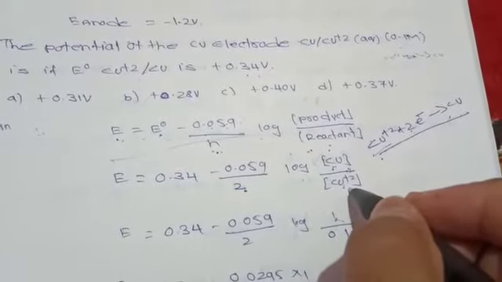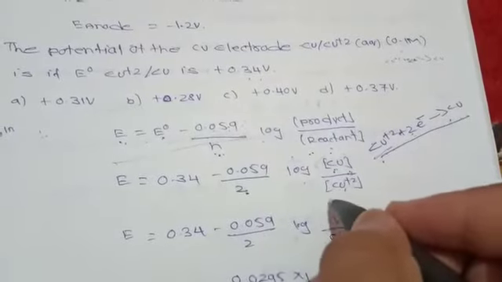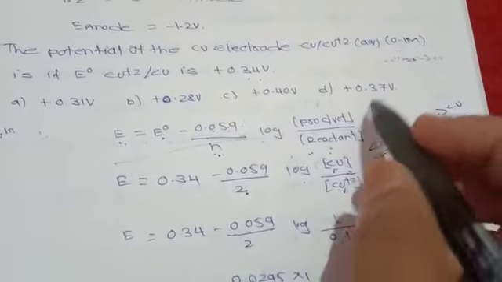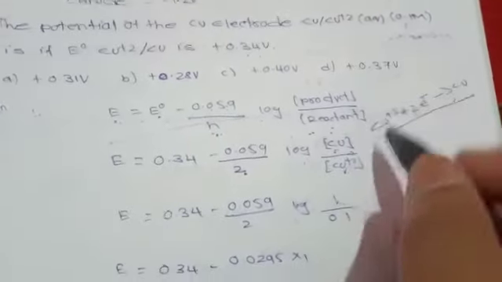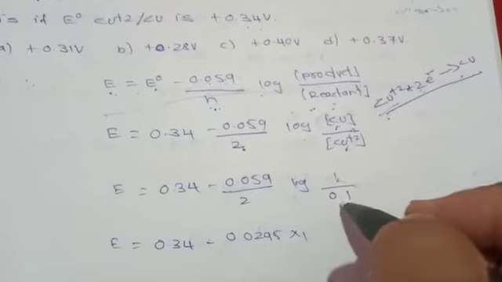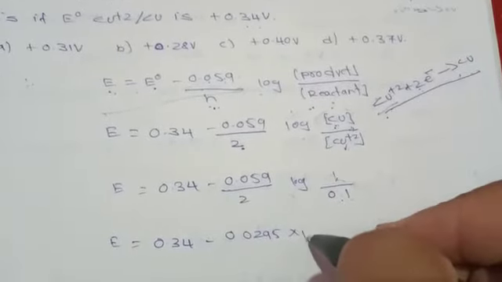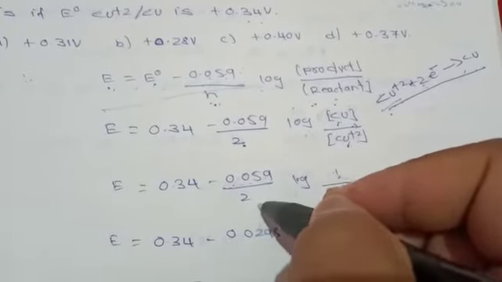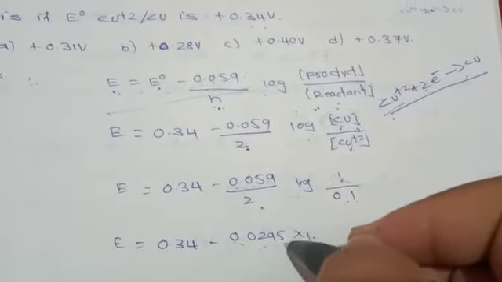The square brackets are nothing but the concentration. The concentration of copper ion is given as 0.1 molar, so I am substituting 0.1 molar, and the log of 1 by 0.1 is nothing but 1. When you divide 0.059 by 2, we get the value 0.0295.